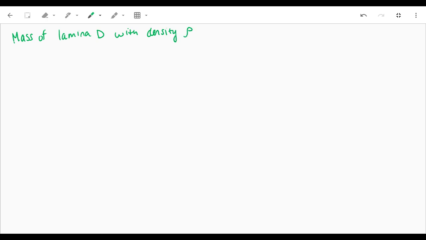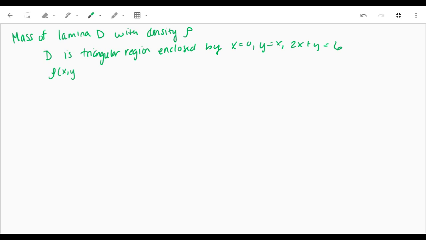And in this case, D is the triangular region enclosed by x equals 0, y equals x, 2x plus y equals 6. Okay, and rho of x, y is x squared. So the density is only dependent on x.